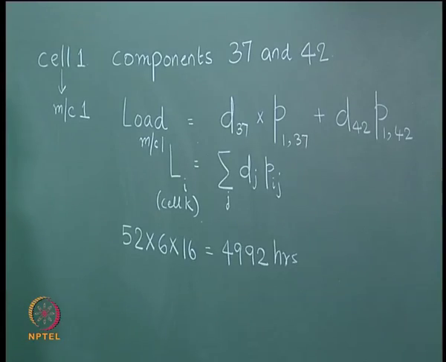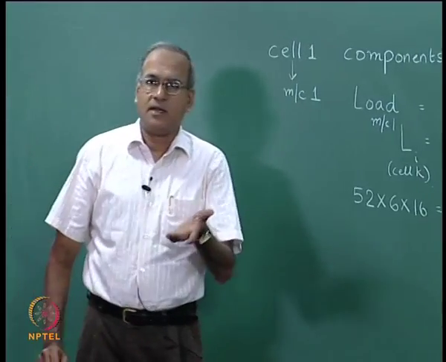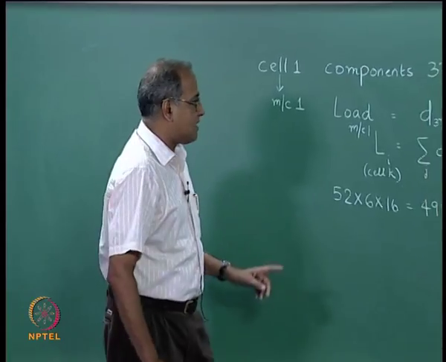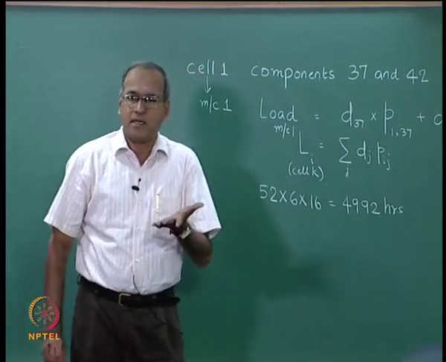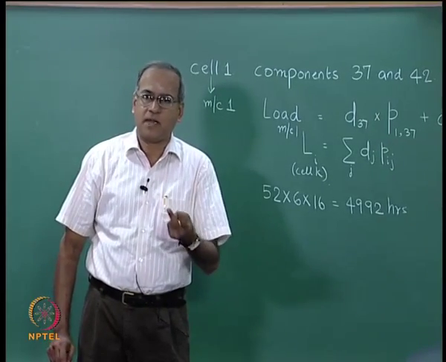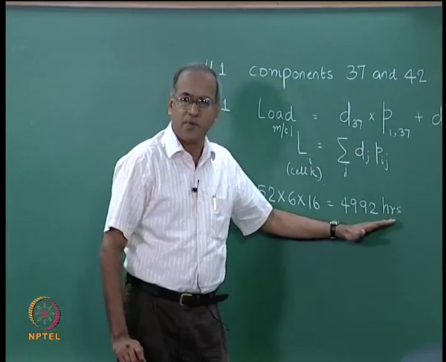Now, we cannot say that all the 4992 is available, because there can be so many reasons. This 4992 ideally should be used for processing as well as setup times on the machine. So, this has a setup time component.